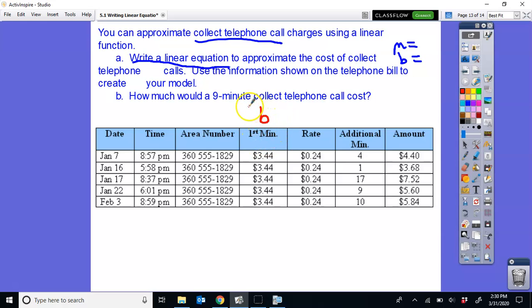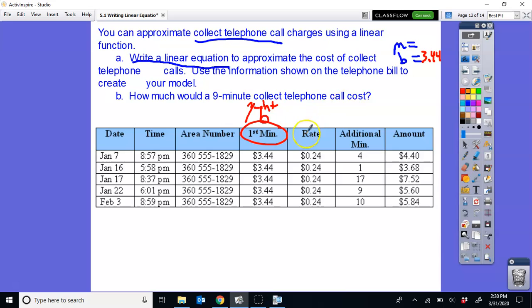That's my y-intercept. How do I know that's my y-intercept? Because it says the first minute. Guys, you got to pay $3.44 no matter what. You don't get an option. If you make a 1 second phone call, you got to pay that. So that is my beginning amount I got to pay.